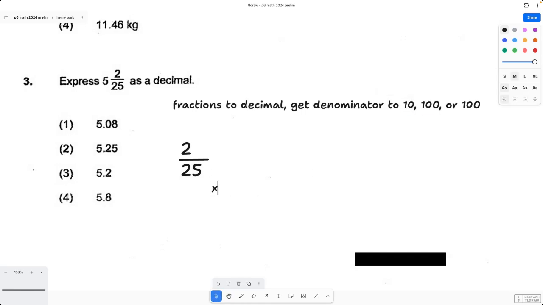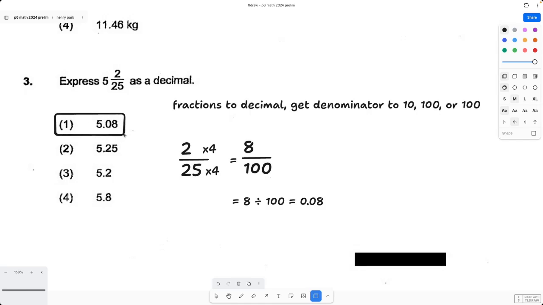So for this, we can just multiply by 4. If the denominator is multiplied by 4, the numerator also is multiplied by 4. So 2 times 4 is 8, and the denominator will be 100. So this is 8 out of 100, the same as 8 divided by 100, which should be equal to 0.08. So 2 out of 25 is 0.08.